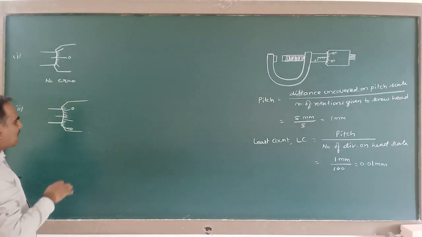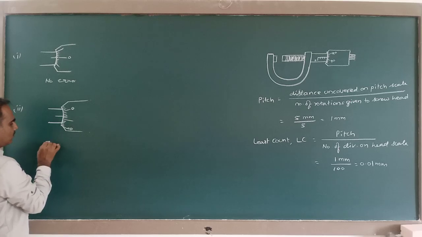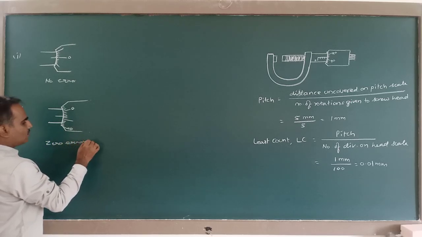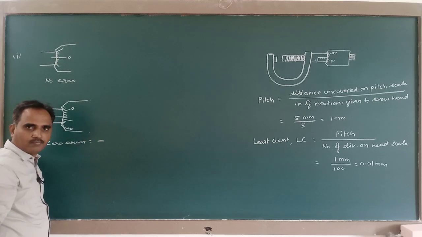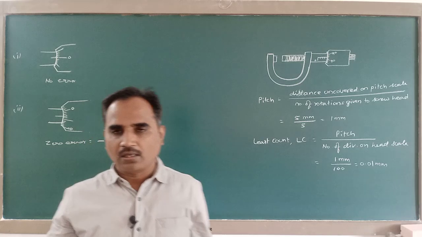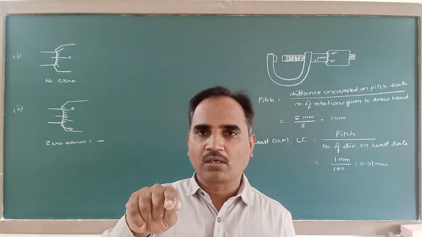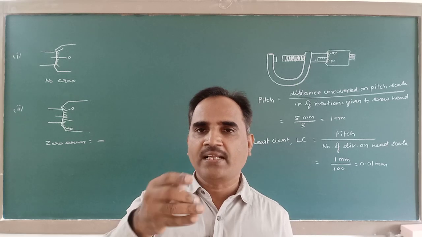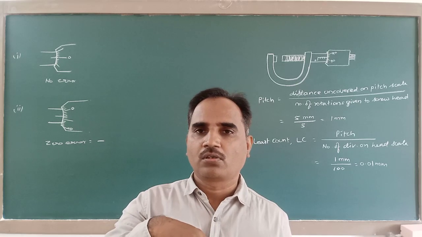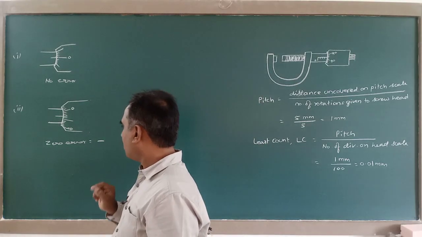So instruments having this type of error are said to have negative error, because actually the pitch line has to coincide with 0th division, but it is coinciding less by 3 divisions. So this instrument is said to have negative error.